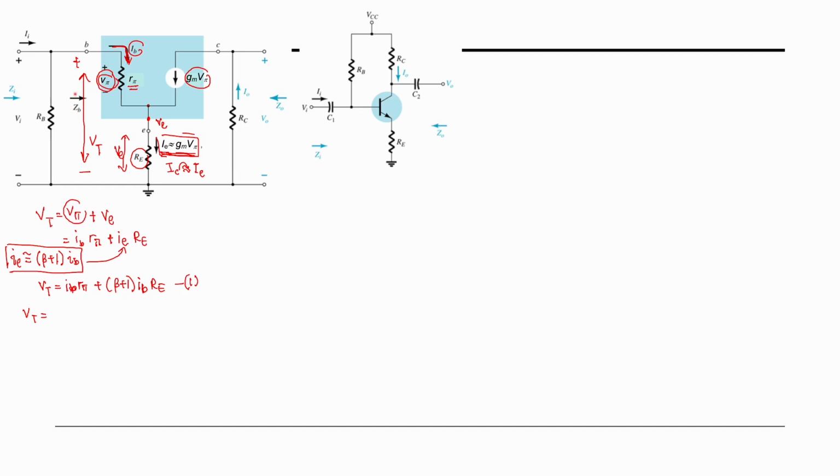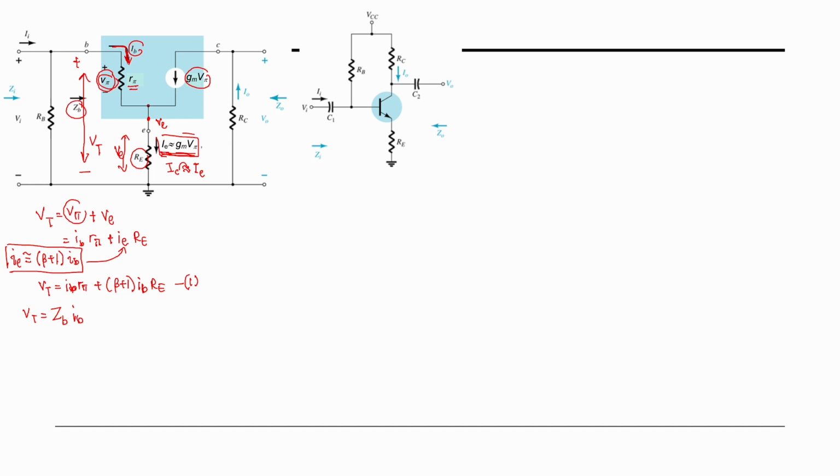If you look here, this ZB is the impedance for this side. So another equation for VT which we can write is ZB IB.